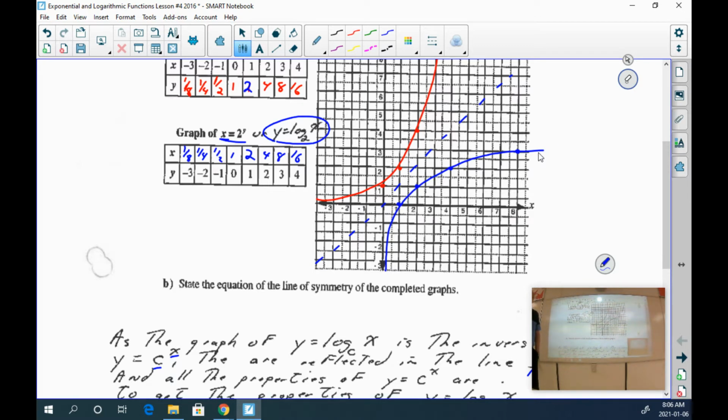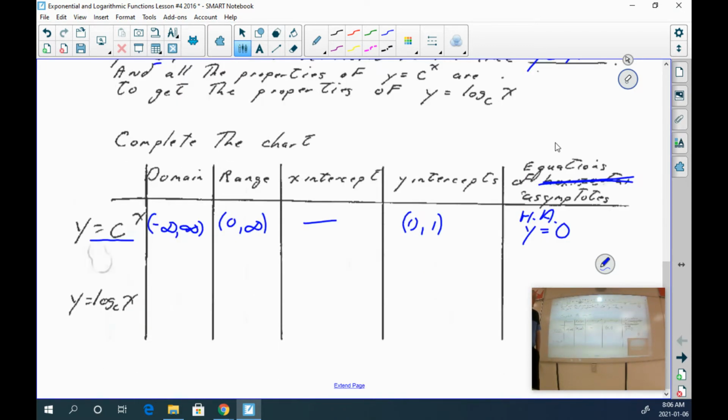So we're going to interchange the parts of this. The domain of our inverse function is the same as the range of our original function. The range of our new function, log base c of x, is the same as the domain of the original.